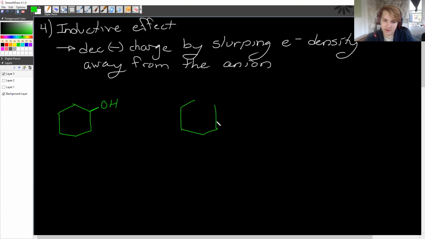So let's say that I have these two molecules going on. The first molecule is just a cyclohexanol, which would have a pKa of somewhere around, I don't know, like 14.2, I think is what it is. I can't remember. And let's say for this other one, we are putting fluorines on this top carbon at this kind of 12 o'clock position. Let's take a look at what happens.